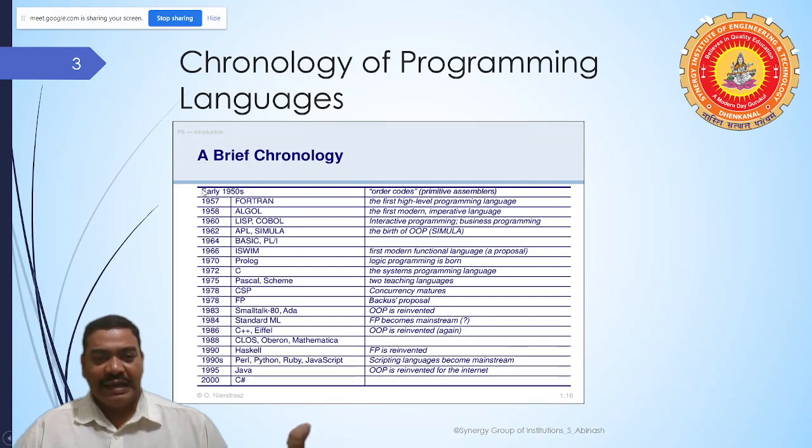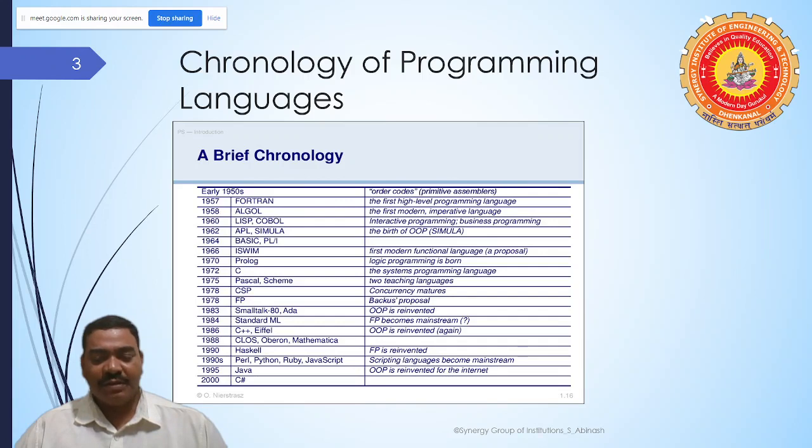In the early 1950s, in order to avoid the difficulties that arise from programming in machine language, some primitive assemblers, known as language pseudocodes, were used.